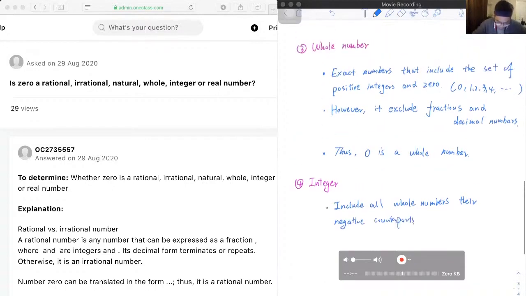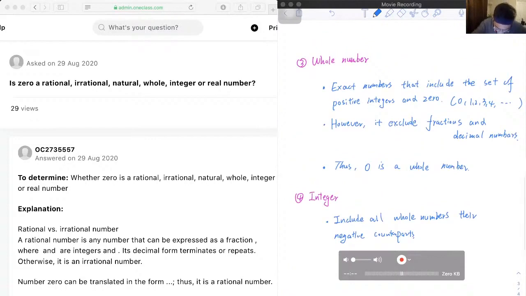Oh, there was a typo in the whole number part, so it's not from 0, but let me rewrite this part. We have dot, dot, dot, negative 100, negative 99, negative 2, negative 1, 0, 1, 2, 3, 4, 5, dot, dot, dot, all the way to positive infinity.